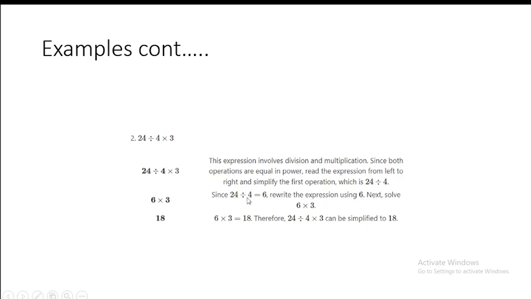Then, since 24 divided by 4 equals 6, we'll write the expression using 6. Next, we solve 6 times 3, which is 18. So 24 divided by 4 times 3 can be simplified to 18.